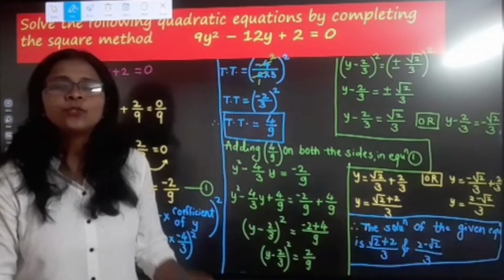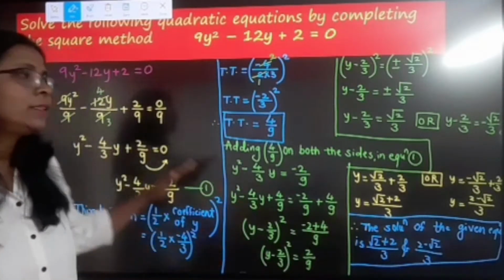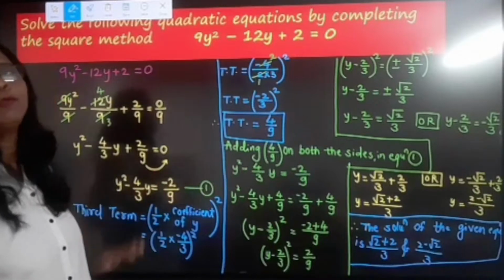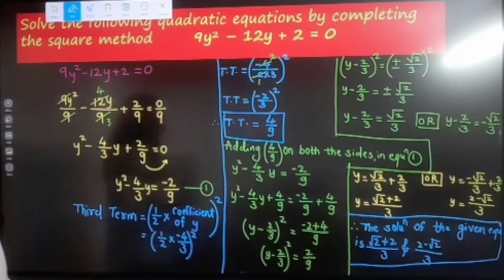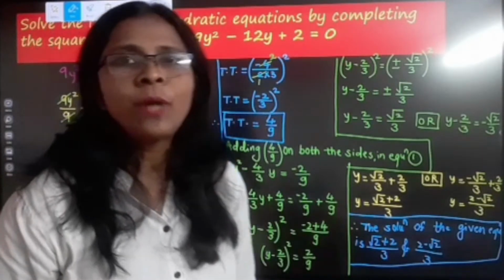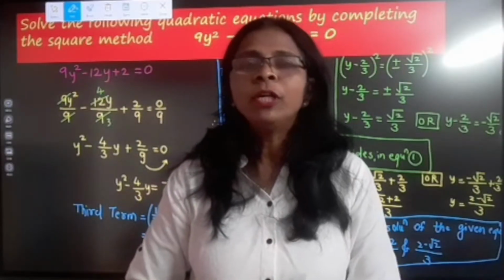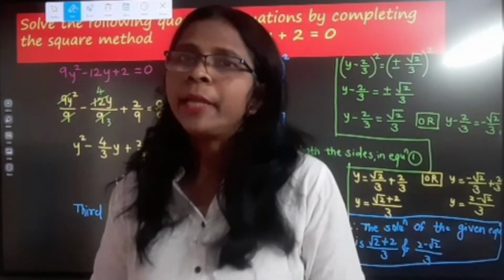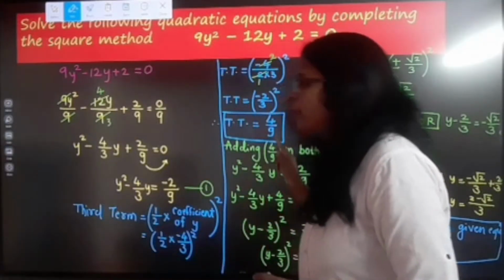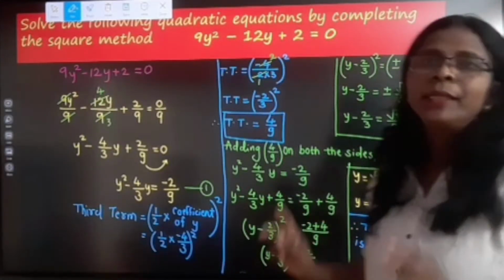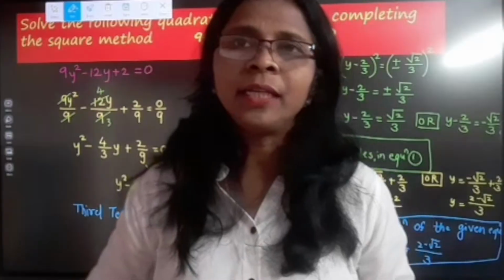Okay students, so these are the steps that you should follow for completing the square. If you have to solve a quadratic equation with the help of the completing square method, then you follow these types of steps. Then it can be very easy.